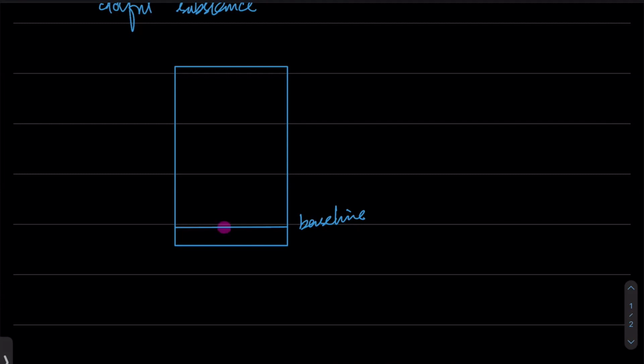This spot will be dipped into the solvent, the mobile phase, making sure that the spot and the baseline are above the solvent. Then the solvent will move up, making bonds with this, making it go with it.